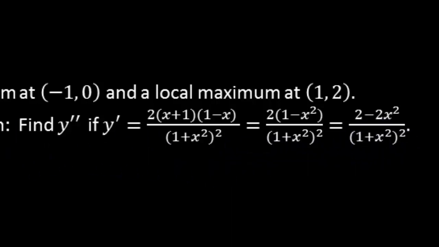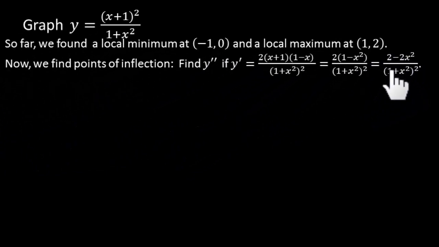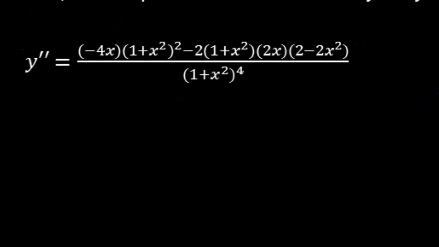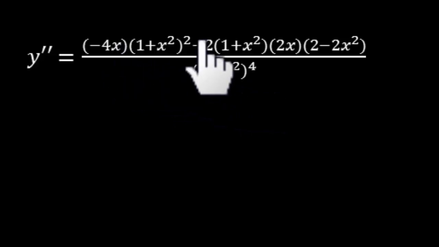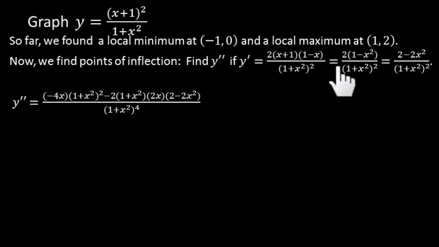Okay, so we use the quotient rule in here. So let's do that. And what is then the second derivative? Square of the low goes here. Now, where did I get 4x? 4x is the derivative of the top. So low d high less high d low. So what do we have?